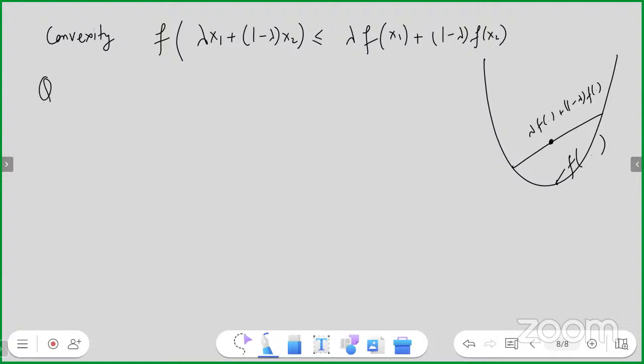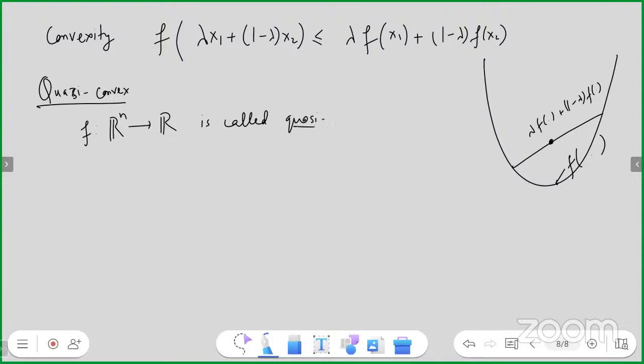There's something called quasi-convex. Things are not always convex. So a function from Rn to R is called quasi-convex.